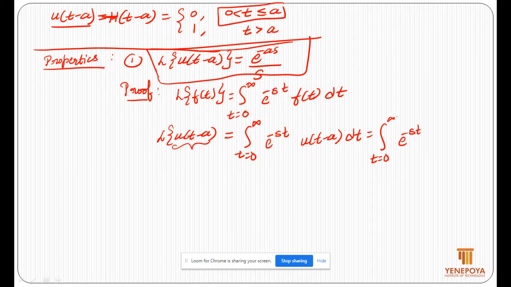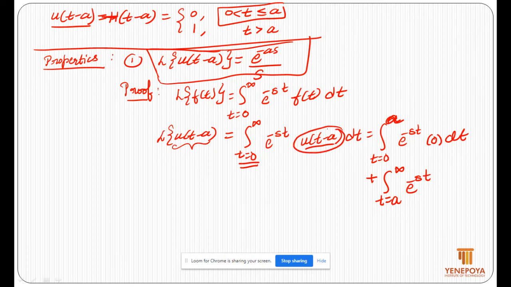Whenever t is from 0 to a, the value of u of t minus a is 0. Plus the second one, integration from t equals a to infinity. I am splitting 0 to infinity as 0 to a and a to infinity, of e power minus st, where u of t minus a is equal to 1, with respect to t.